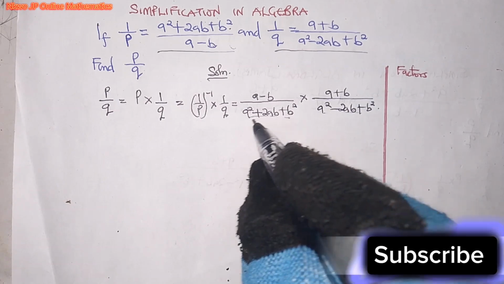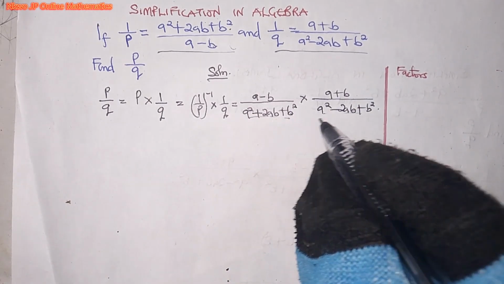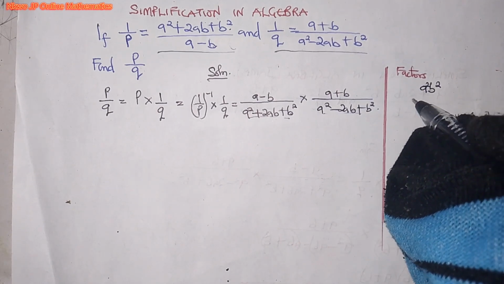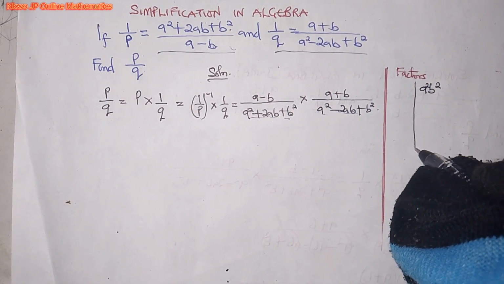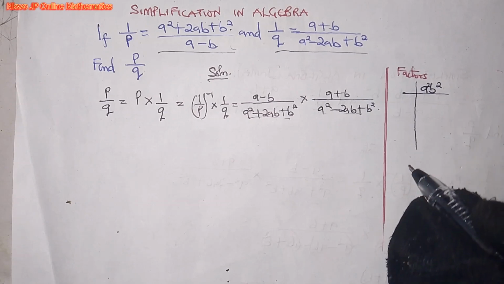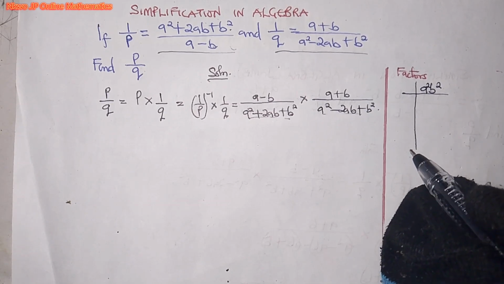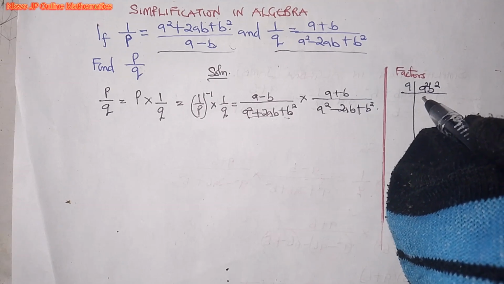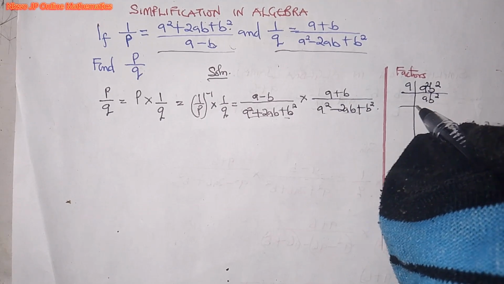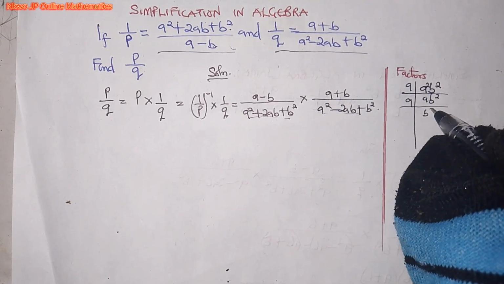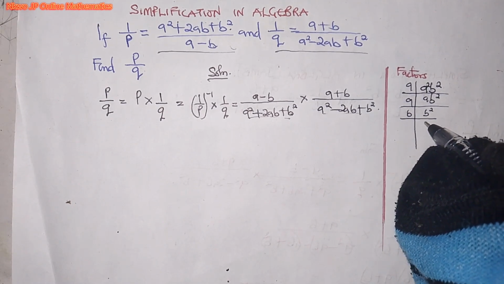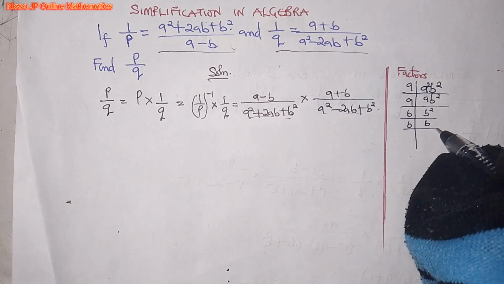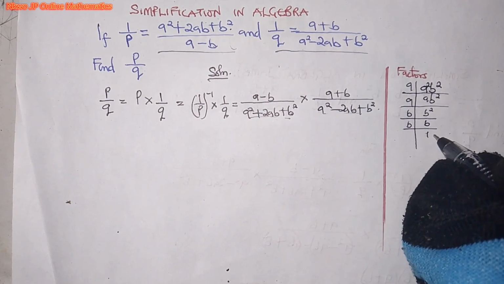So if we multiply a square by b square, we are going to have a square b square, so we have to find the factors. So we see that a can go here and we'll be left with ab square, and a can still go and we'll be left with b square. B can still be a factor there and we'll be left with b, and b is another factor there and we'll be left with 1.